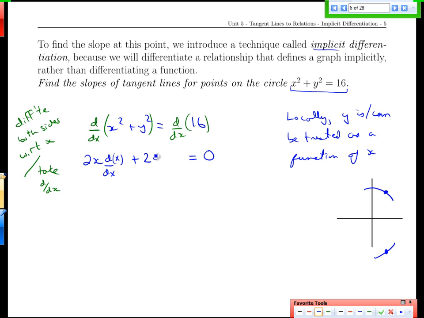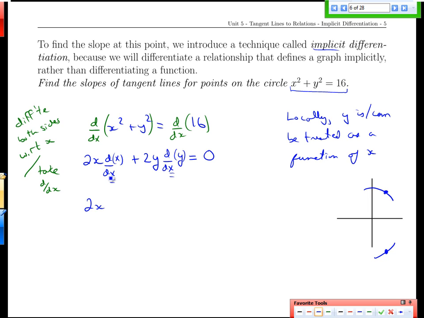In particular, if we think of anything squared and we take the derivative with respect to x, we bring the 2 down front, we get the same thing to the power 1. I'm going to leave that off because it looks like a prime. I don't want to confuse things. And then we would take the derivative with respect to x of the inside function, which is here y. So we can treat everything exactly the same, x's and y's, until we recognize that some of these terms can be simplified.